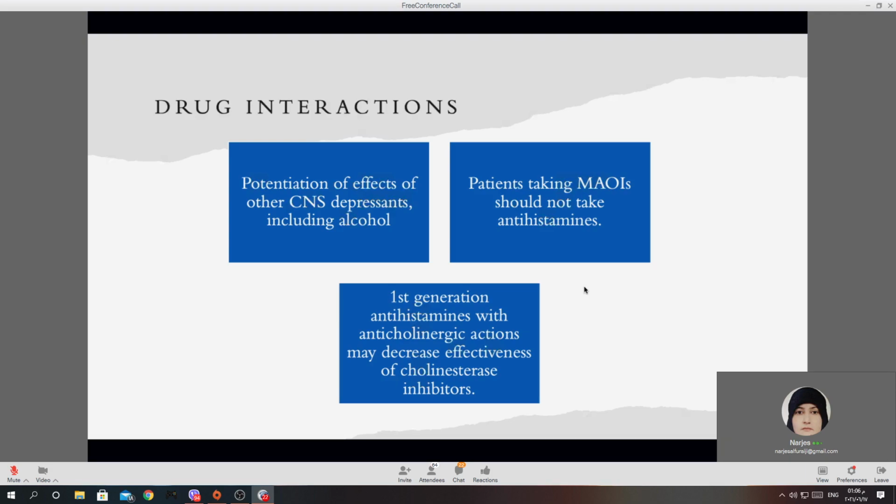For drug interactions, since we mentioned most H1 blockers, specifically the first generation, enter the central nervous system causing depression, that's why we would expect that consumption of alcohol and another CNS depressant will have an additive or synergistic effect.